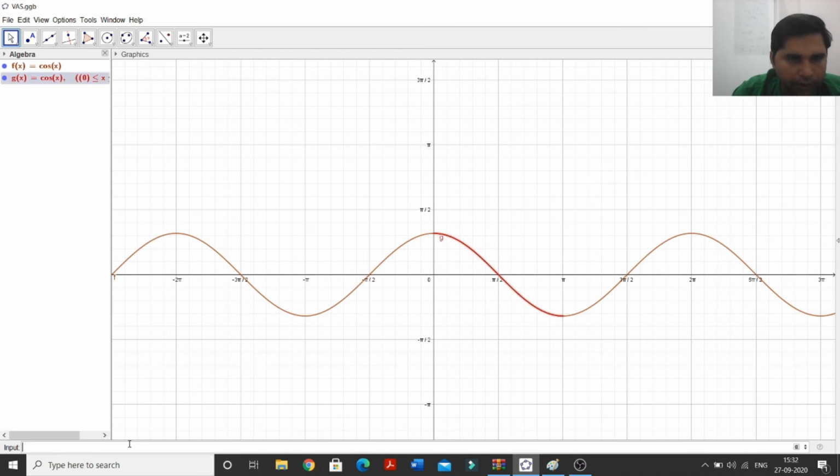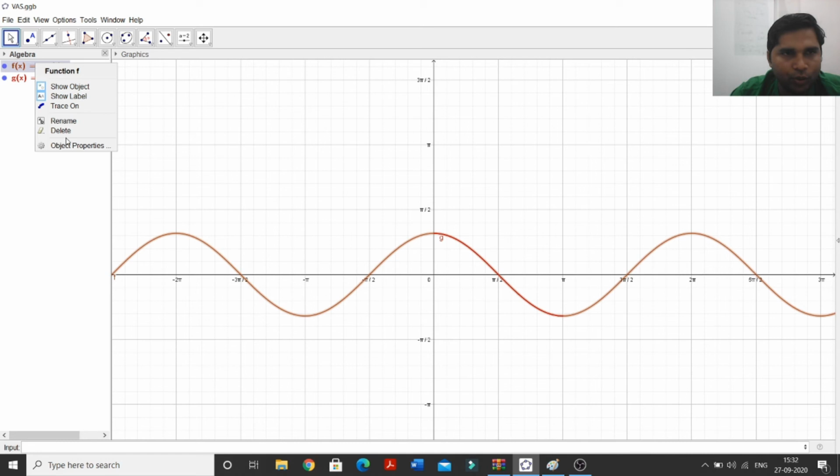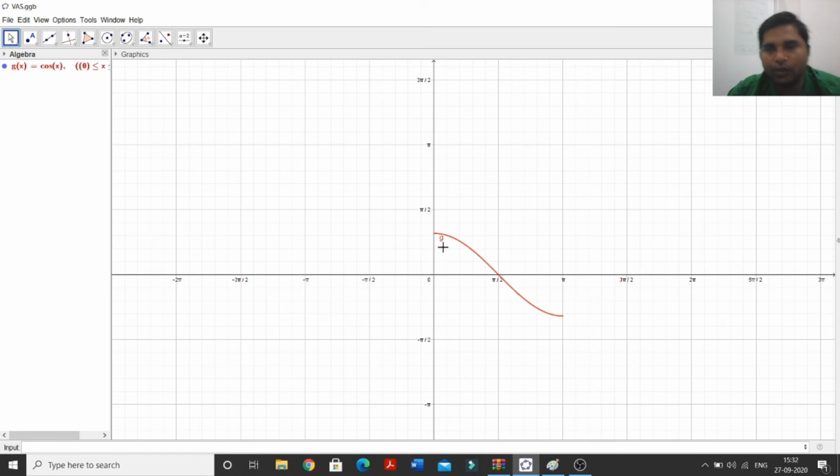Okay, let's sketch it. So this is the red line, it shows the graph which is 0 to pi. Let me remove this bigger domain, for all real numbers I'm going to delete it.